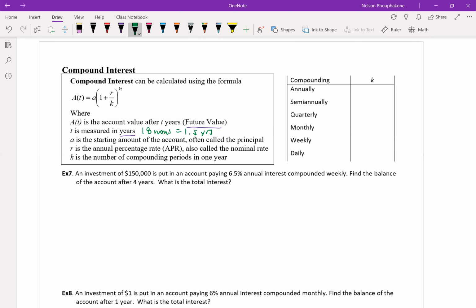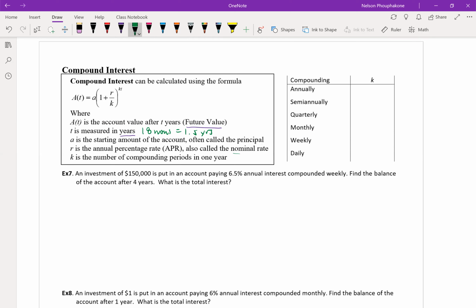A is the starting amount of the account. We call it the principal, or sometimes the investment. r is the annual percent rate. We call it the nominal rate. And k is the number of compounding periods in 1 year. So how do I find k from the problem?